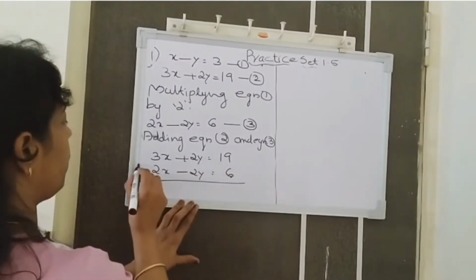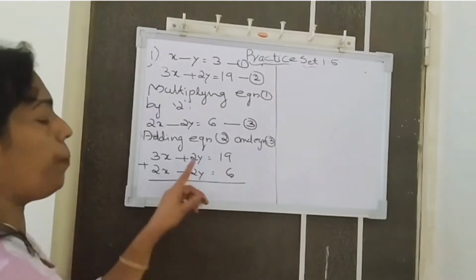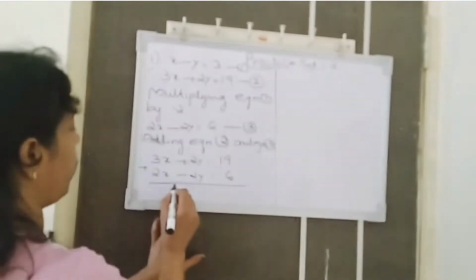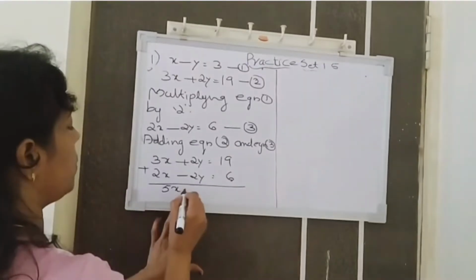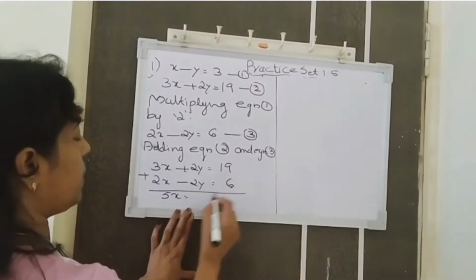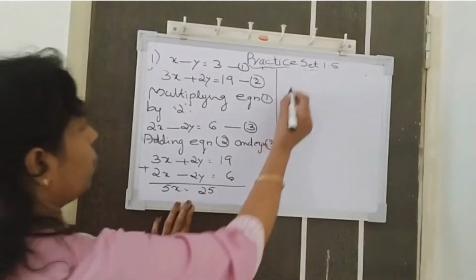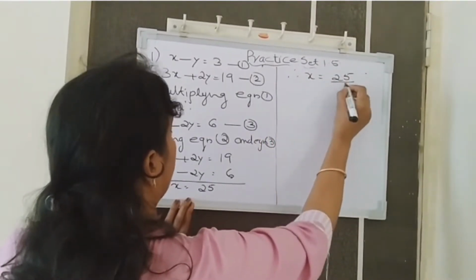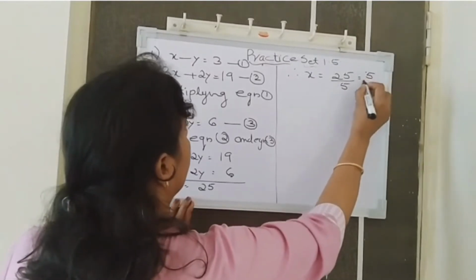Add the equations. Therefore minus 2y and plus 2y are eliminated. Therefore 3x plus 2x is equal to 5x. 5x is equal to 19 plus 6 is equal to 25. Therefore x is equal to 25 upon 5 is equal to 5.